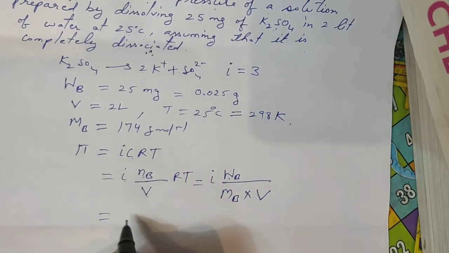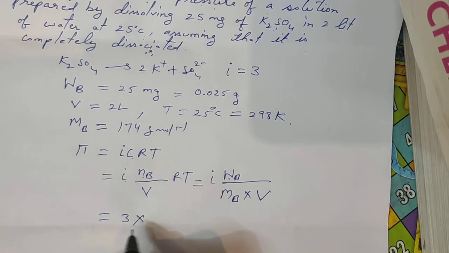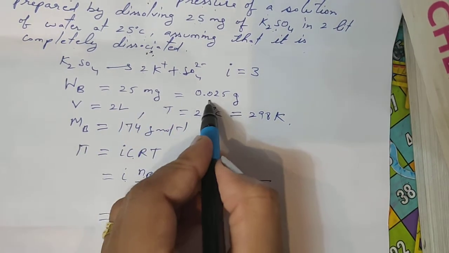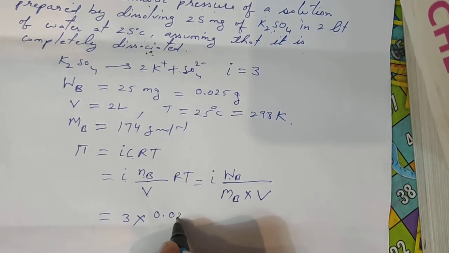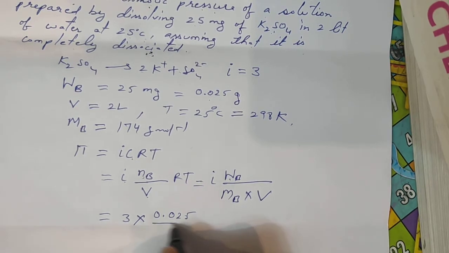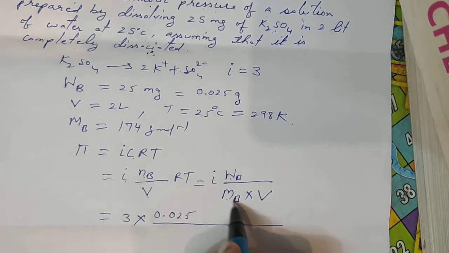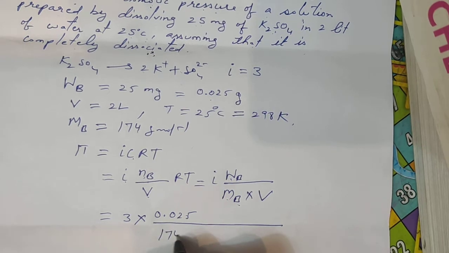Value of Van 't Hoff factor is 3. Wb is 0.025 upon Mb is 174, volume is 2.